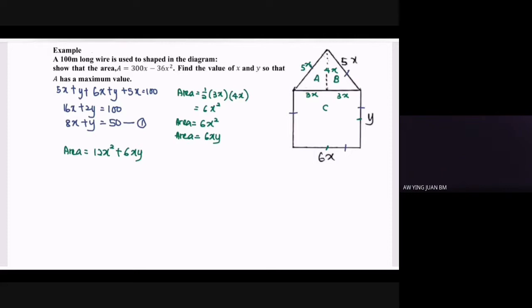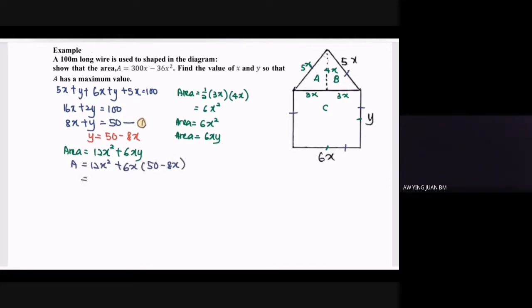Now, in order to make sure we have a single variable on the right hand side, we have to make use of the first equation, which is y equals to 50 minus 8x. Kindly substitute into the area. So we will have A equals to 12x squared plus 6x multiplied with 50 minus 8x.